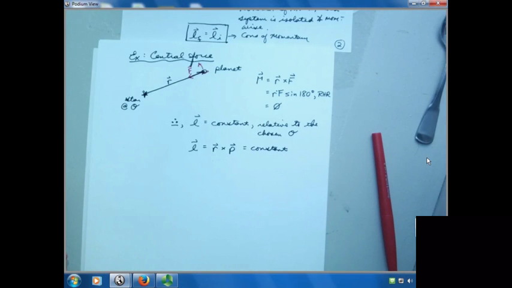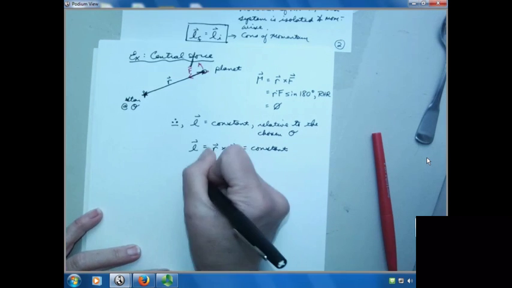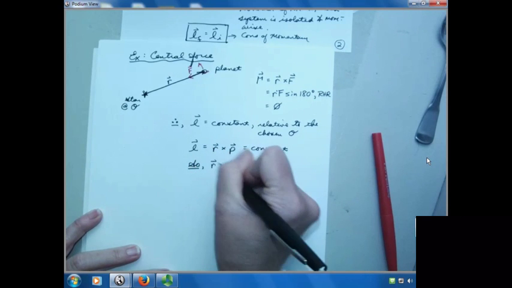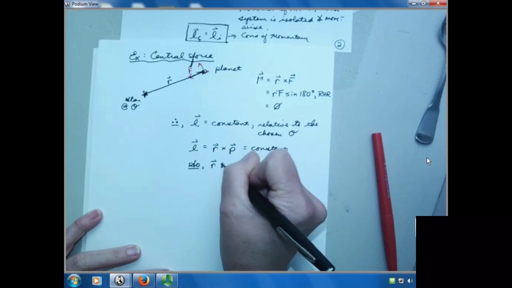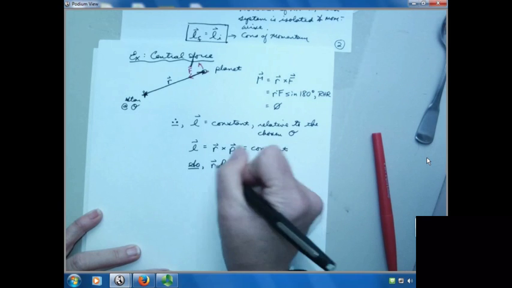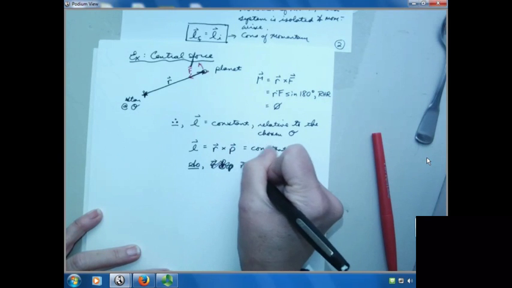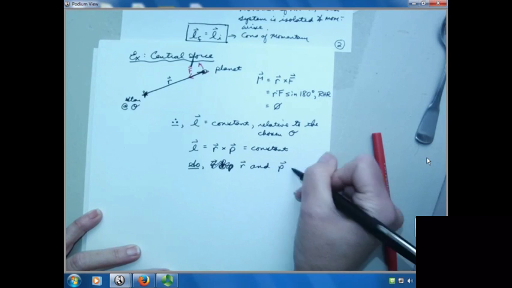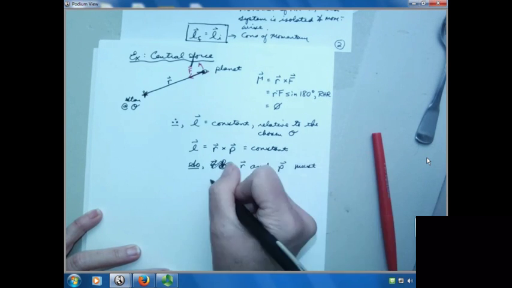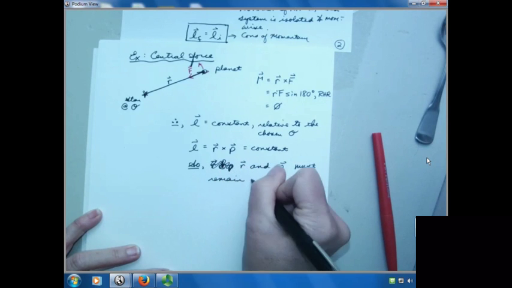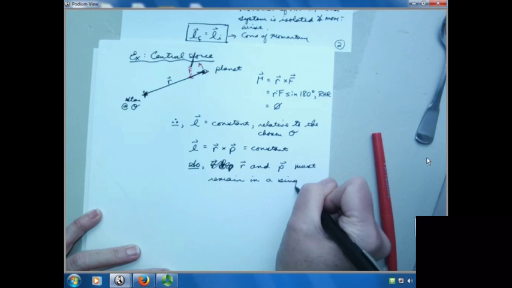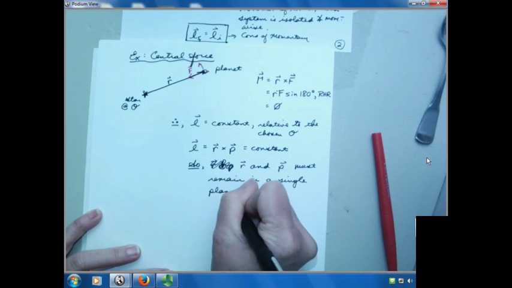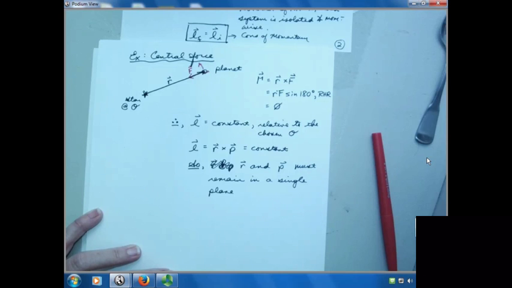What that means is that R and P must remain in a single plane, and that plane must also contain the sun.